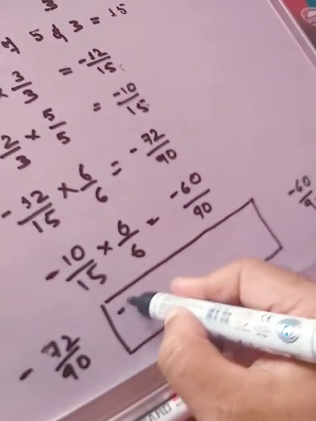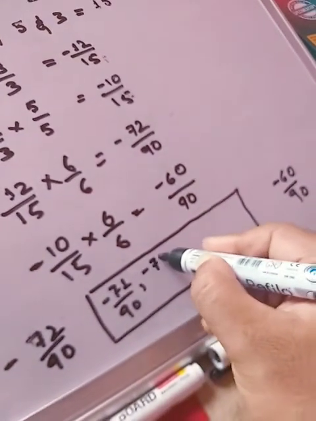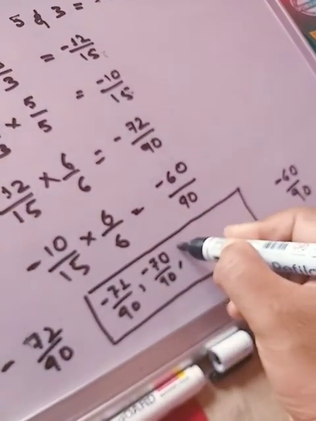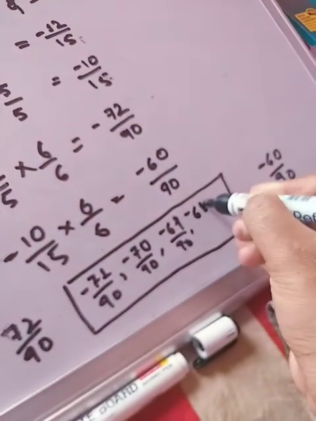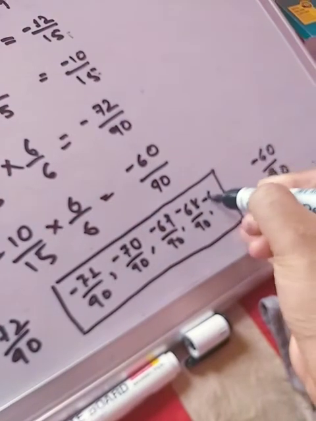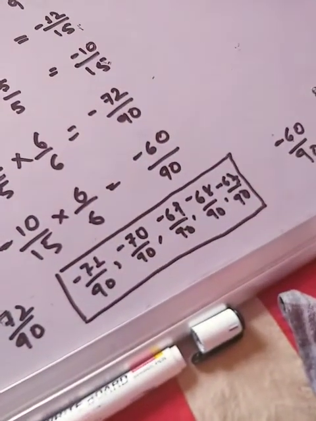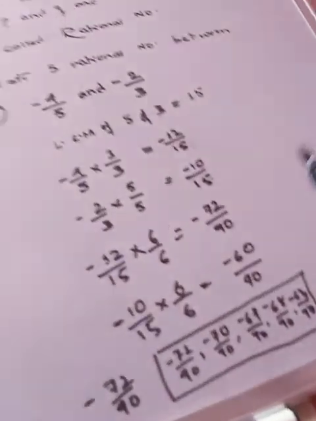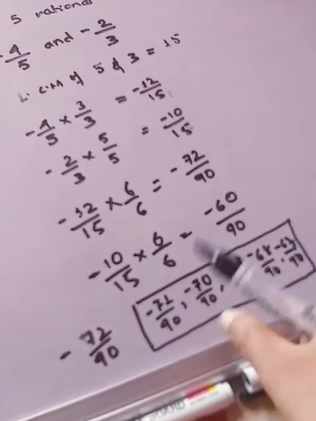So you can write this also: minus 71 by 90, minus 70 by 90, minus 69 by 90, minus 68 by 90, and minus 67 by 90. There are more, undoubtedly, but I need only how many rational numbers? 5 rational numbers. So these are my required answers.